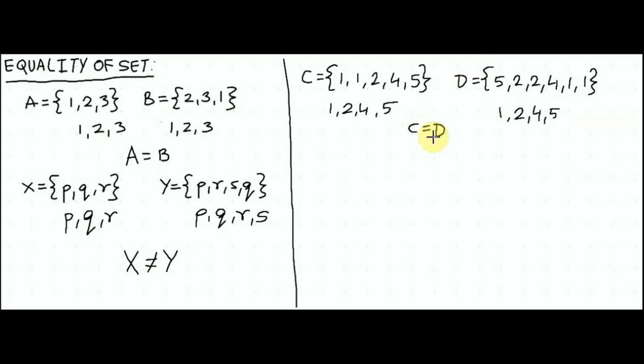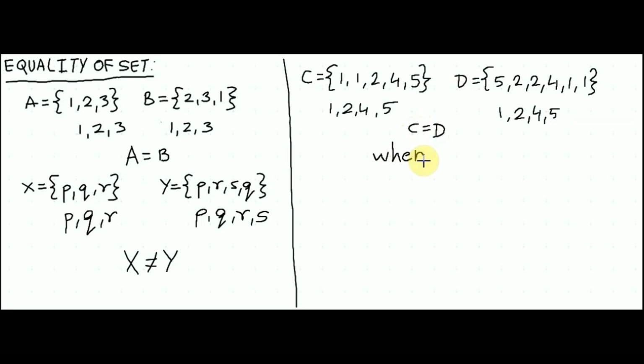And one more thing, from this example we can conclude that when two sets are equal, it is not necessary that both sets have the same number of elements, right?